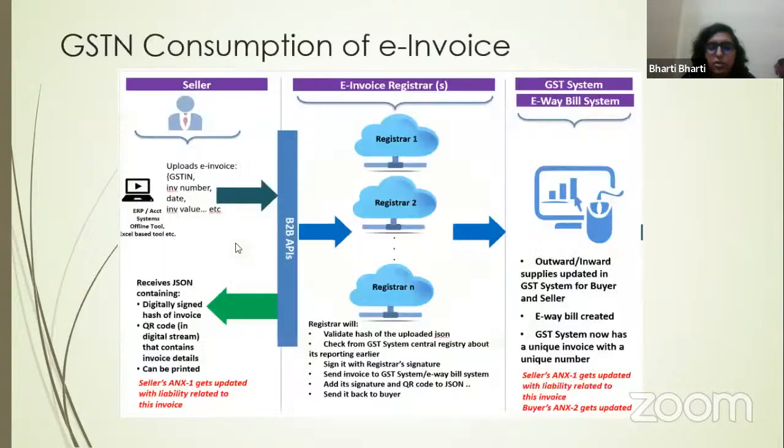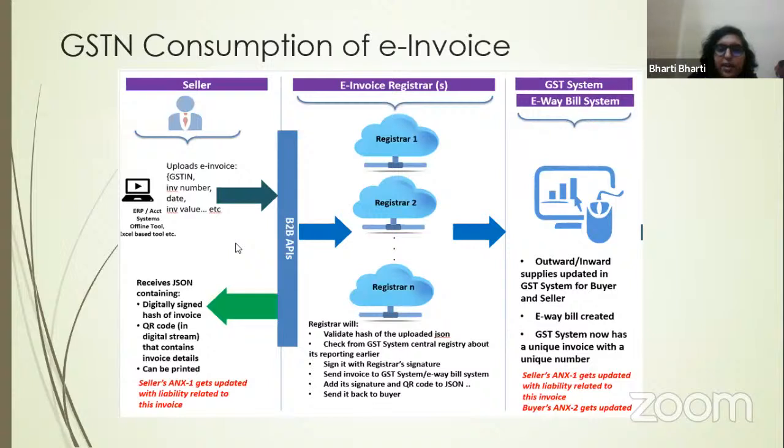Okay, now let's look at how e-invoicing works. A person or taxpayer, through an ERP or offline tool or any other method, uploads an e-invoice through various registrars. The portal first validates the JSON. It also checks for duplication, whether you have already generated the e-invoice for this invoice number against this supplier.